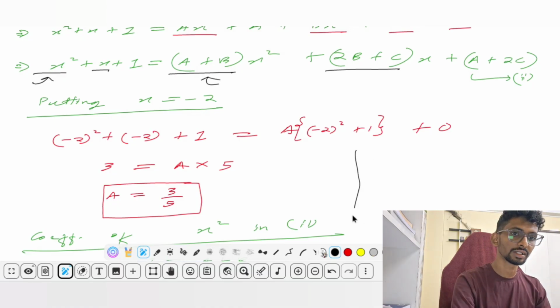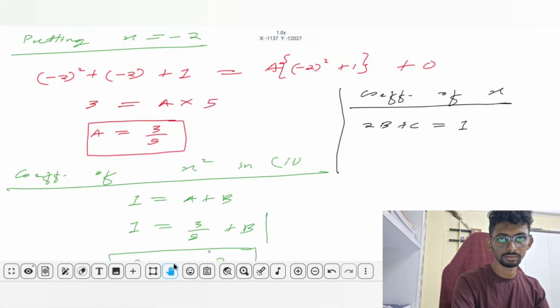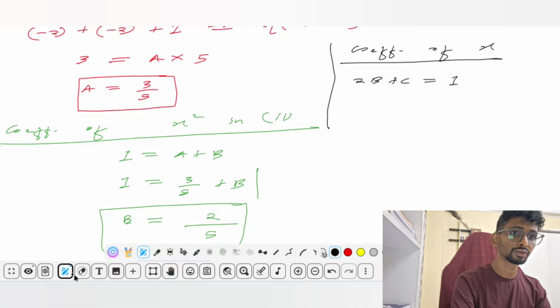Equating the coefficient of x, so that will be 2b plus c equals to 1, which will imply 2b, the value of b we got as 2 upon 5. So 2 times 2 upon 5 plus c equals to 1. So 4 upon 5 plus c equals to 1. So c equals to 1 minus 4 by 5, that is 1 by 5.